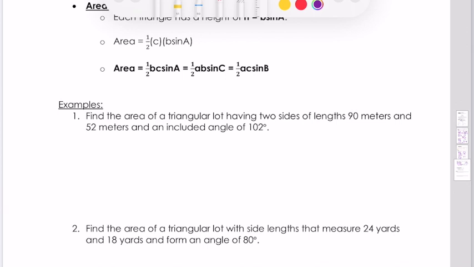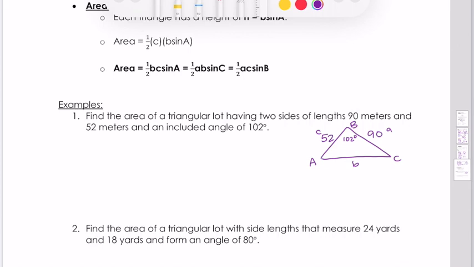Right now, if we went through a big trig little proof, the height is equal to B times the sine of A. So now, instead of our area being 1/2 base times height, we've got 1/2 of the two side lengths we know times the sine of the included angle. And really, you don't need to know the explanation of why, just know that this is the formula. So it's 1/2 of BC sine A, or 1/2 of AB sine C, or 1/2 of AC sine B.